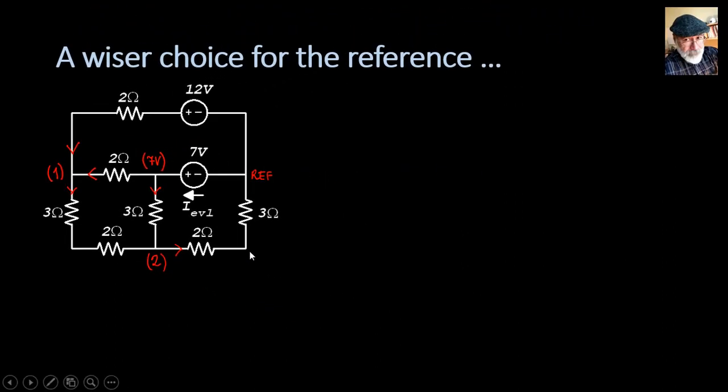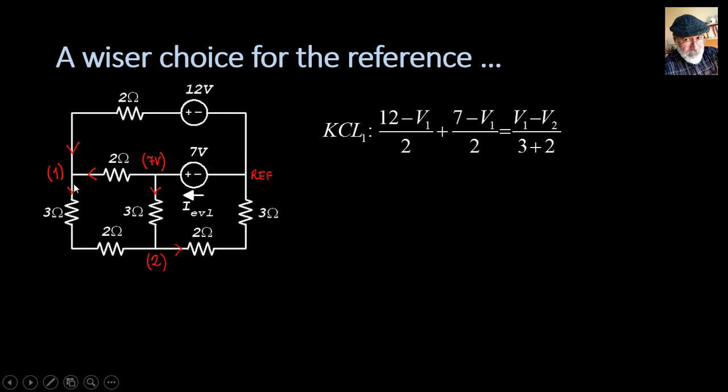How many? Only 2. Let's say I do not care about computing the value of the evil current up front. I write a KCL equation for node 1, currents going in: the one at the top, (12 minus V1) over 2, plus (7 minus V1) over 2, and that's equal to the current leaving the node, (V1 minus V2) over 5.